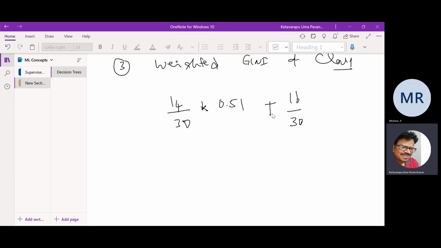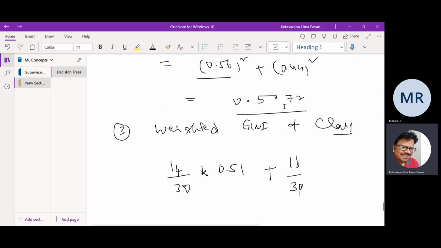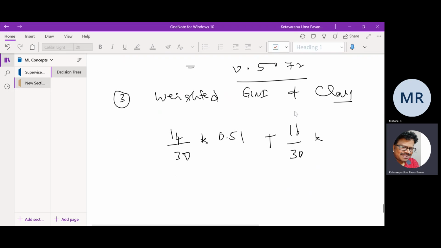This value is 0.5072, which also rounds to 0.51. As a final computation, we are getting 0.51.